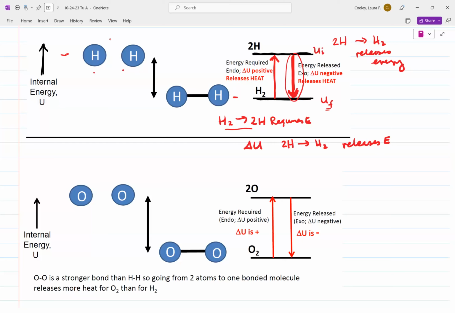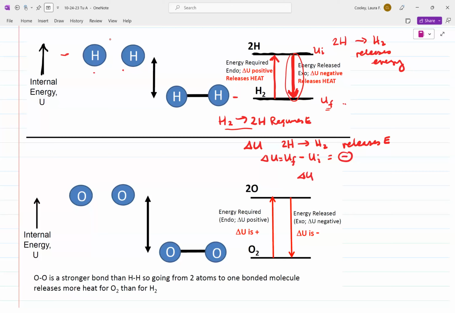So what is the sign of the change in energy? If we take the final minus the initial, we call that the change in internal energy. For this reaction, where energy is released, you end up at a lower energy than where you started. If you subtract a higher number from a lower number, you get a negative number. So this is going to be negative.